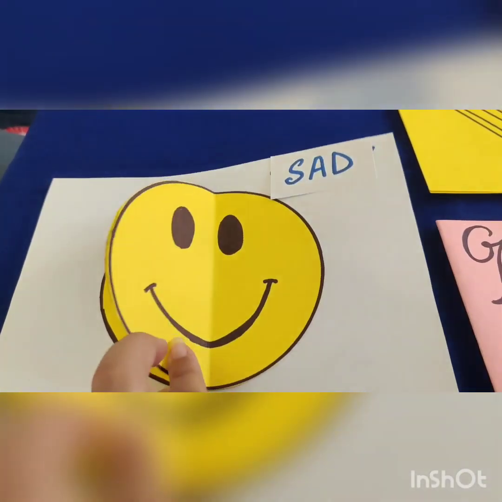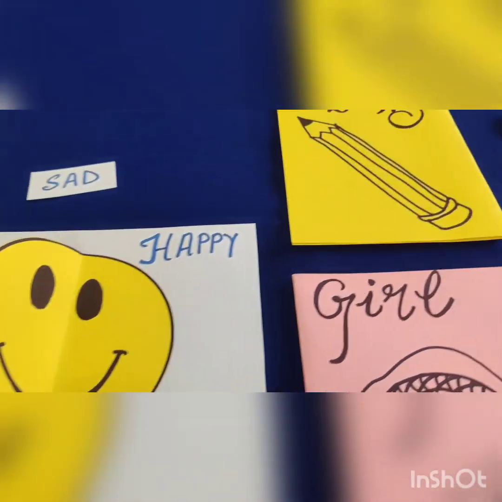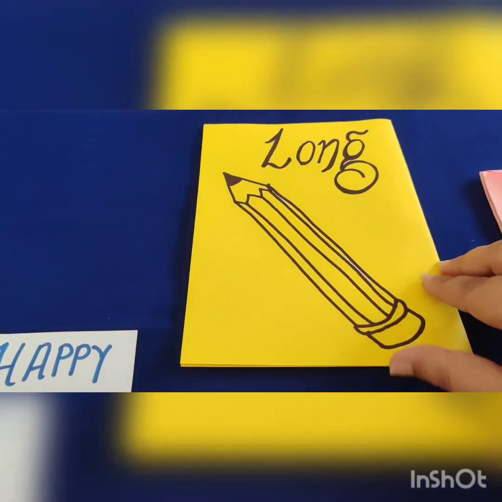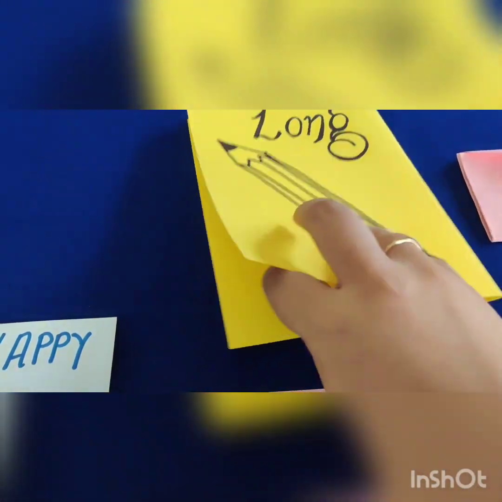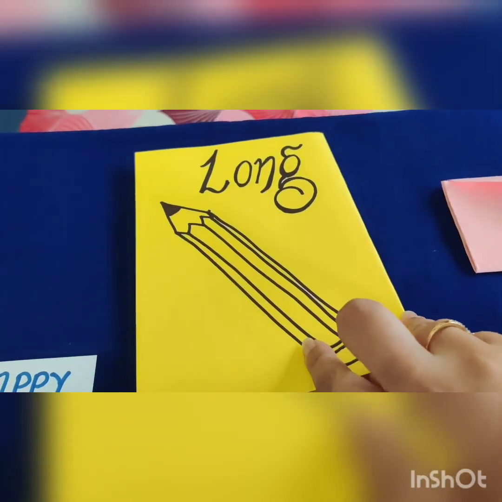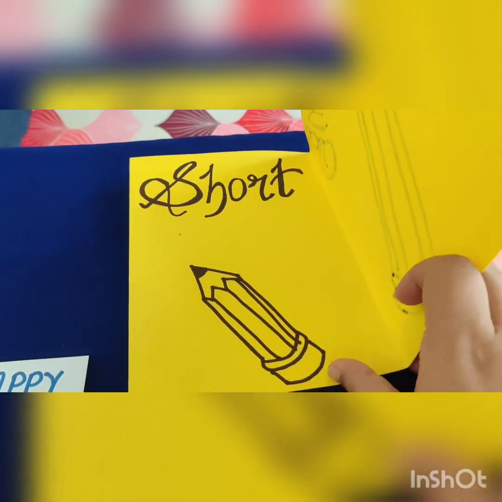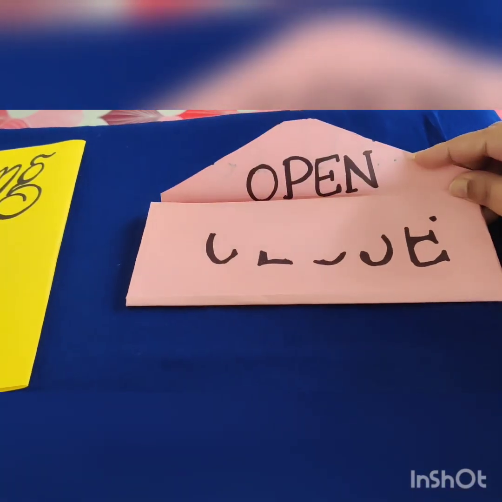Sad. And what happens? Happy. This is a long pencil. Short pencil. Long, short. Close, open.